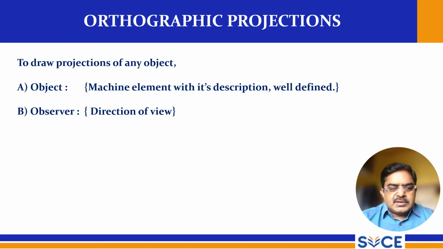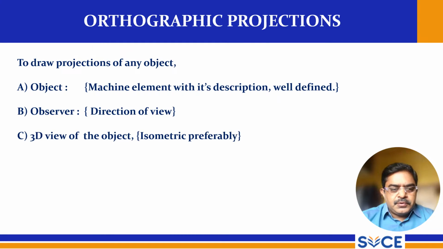Observer is in direction of view. So the observer is always standing in front of the object. There the arrow mark will be given in the problem. That arrow mark is known as the direction of view. A 3D view of the object, normally an isometric view, will be given in the problem that we have to solve, and we have to obtain the front view, top view, and side view.